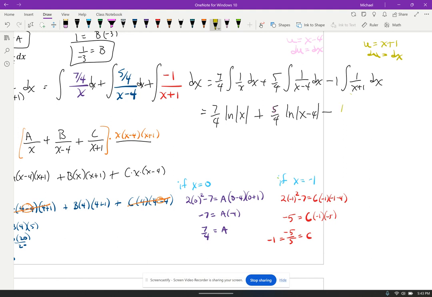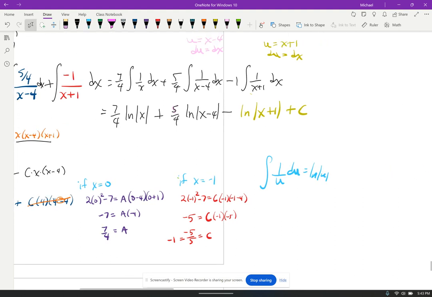So if you haven't noticed, it's pretty easy to apply this natural log antiderivative. What I usually tell students is, if the derivative of the denominator is in the numerator, I can use this natural log, right? Because if you remember, we had said that the antiderivative of 1 over u, or I'm sorry, of this is the natural log of the absolute value of u.